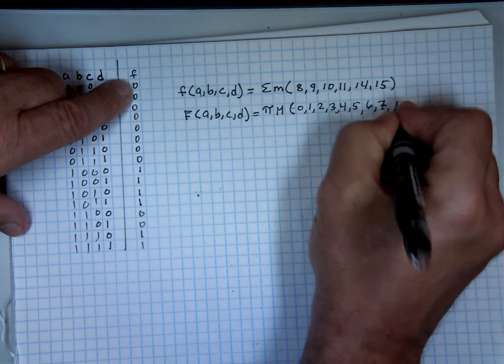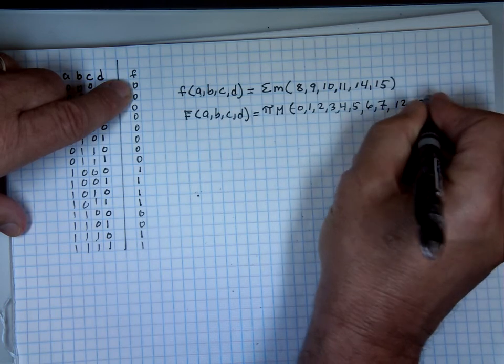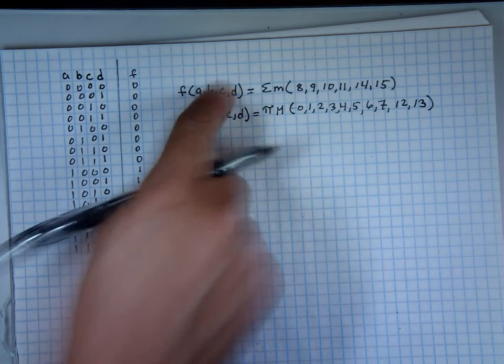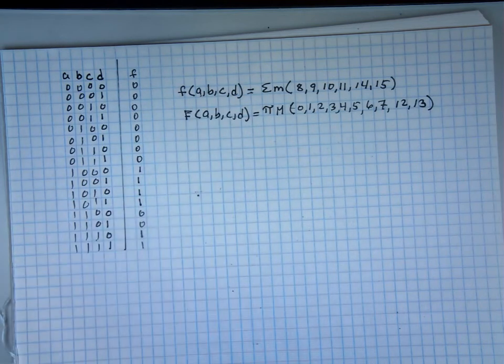That's where the zeros are. So we took that problem from a picture, created the expression, simplified it even, we didn't have to, went to the truth table, made the truth table, and came up with the minterms and the maxterms. Okay.